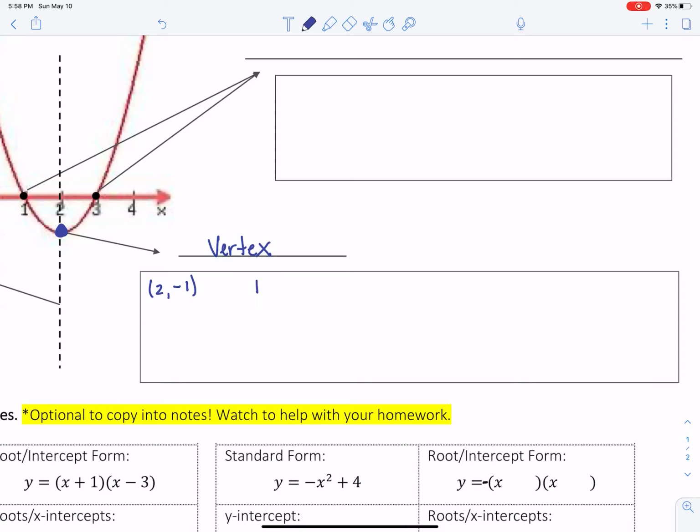So the vertex is the lowest point, also known as a minimum, when the parabola opens up. And what I'm talking about is that we have this kind of U shape, just like we have on this graph, and it's this lowest point.